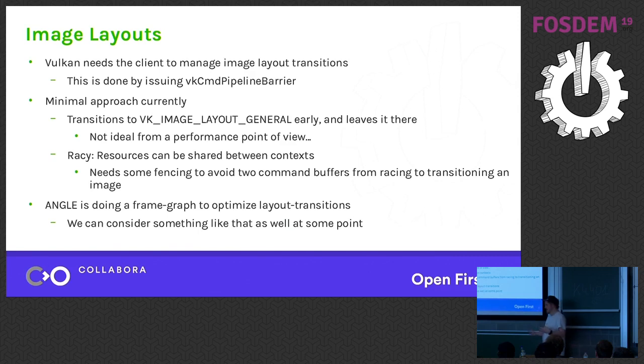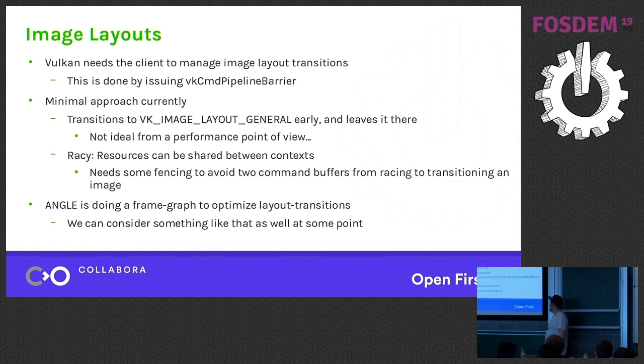Generally speaking, there might be optimizations on the hardware level, where they're faster to access. We just use the big hammer called layout general and translate to that as early as we can and just keep them there. Every operation is allowed, but the performance isn't necessarily great. This is not a big problem for us yet, mainly because we're mostly CPU limited rather than GPU limited.